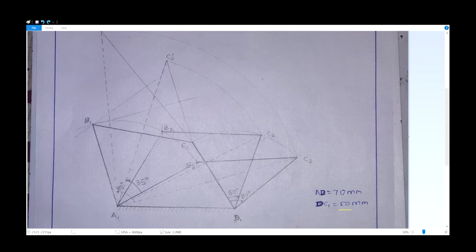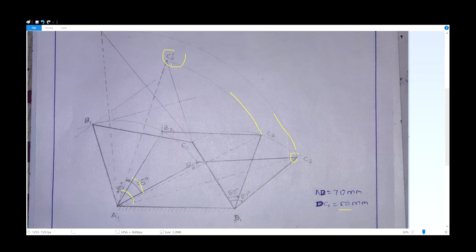So for getting C2 dash and C3 dash we will join A1 and C2, also A1 and C3, and we will rotate the line A1 C2 about A1 in anti-clockwise. How much? 35 degree to get the point C2 dash, and also we will rotate A1 C3 in anti-clockwise 80 degree to get the point C3 dash.